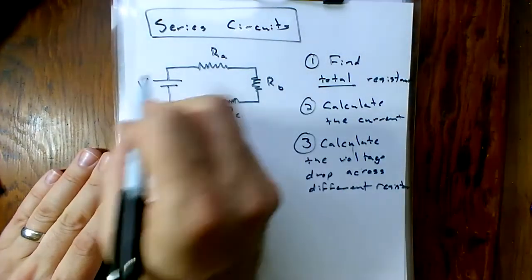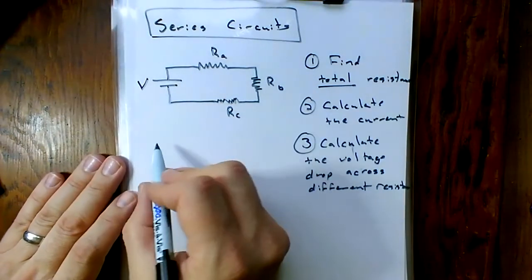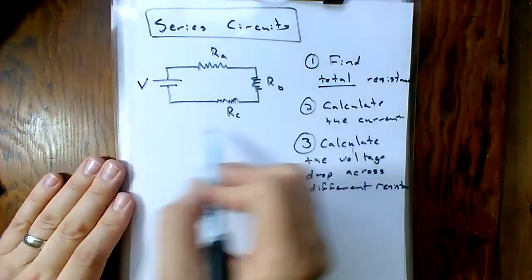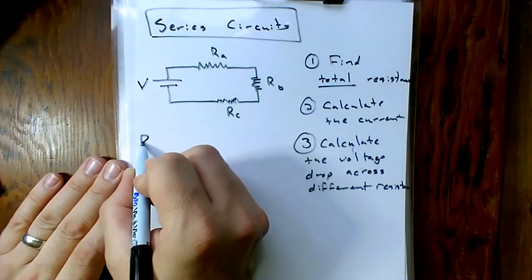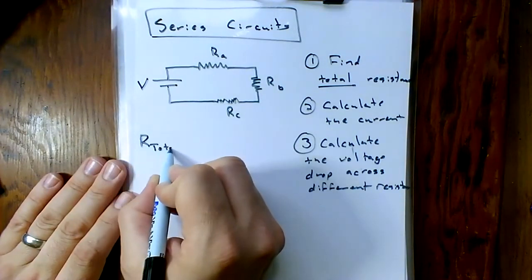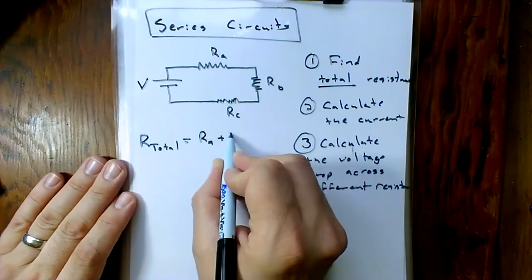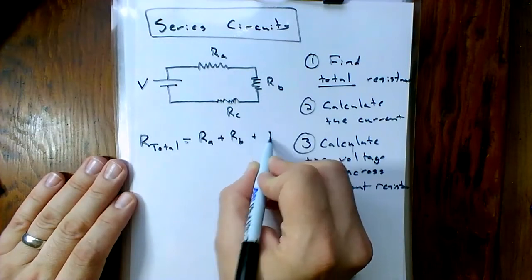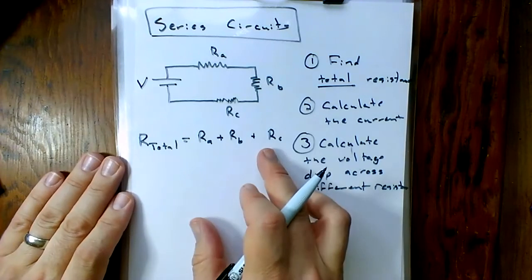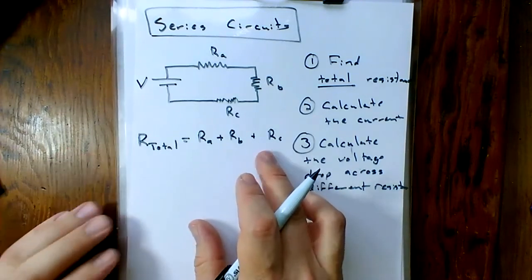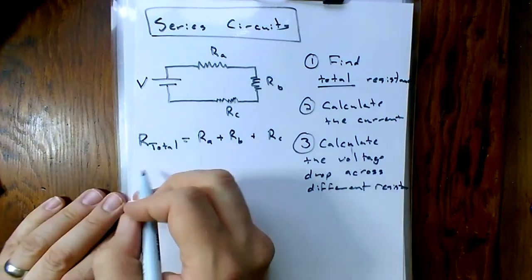So we're only going to be using two different formulas here. Our new formula is for calculating our total resistance. And that's just the sum of my other resistances, like A, B, and C. If I had more, I would just add RD, RE, RF, all of my different resistances.